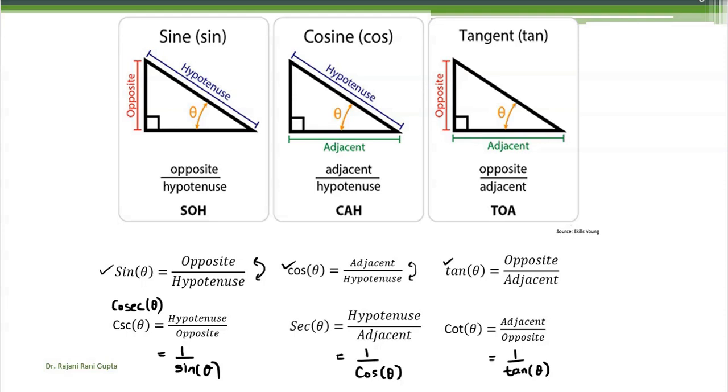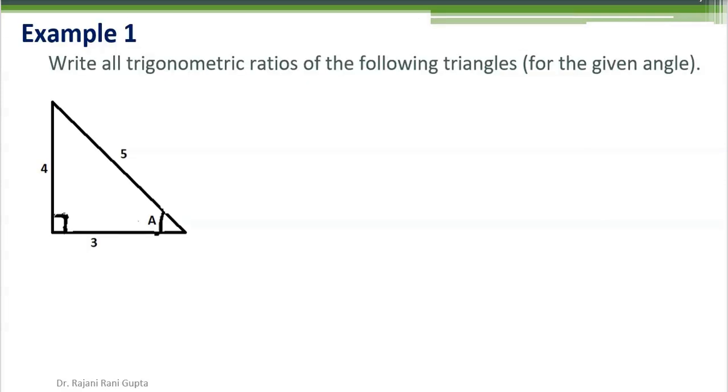Now, how are we going to make use of them? Suppose you have this question, and they ask you to find all the trigonometric ratios for the following triangle. Here the angle A is given to you. To find all the trigonometric ratios, you have to find sine, cosine and tan.